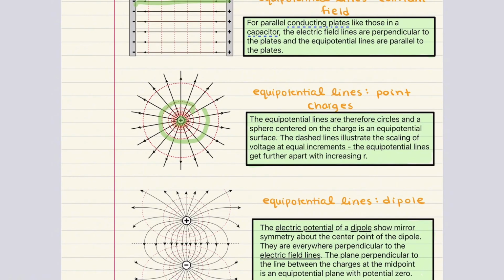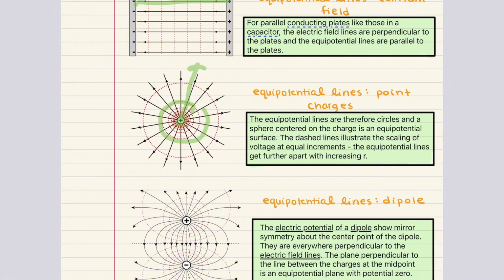Each of these circles represents a surface where the electric potential is constant. These circles form an equipotential surface, and the electric potential decreases as you move further away from the charge. You can think of this like the surface of a sphere. Every point on that sphere has the same potential.